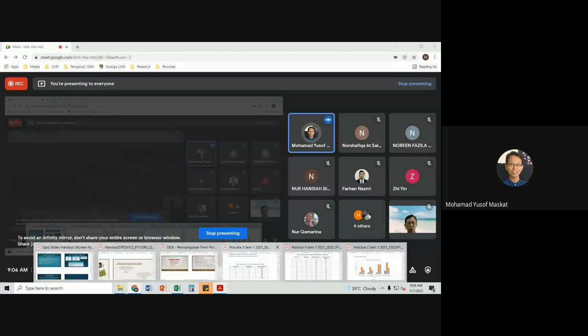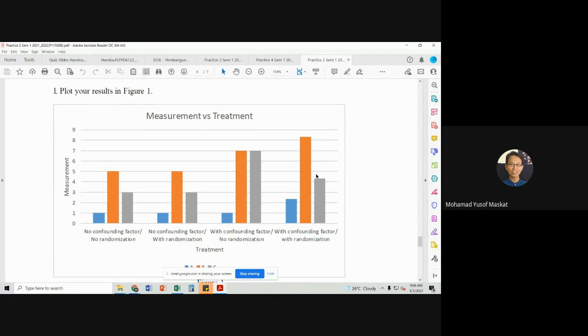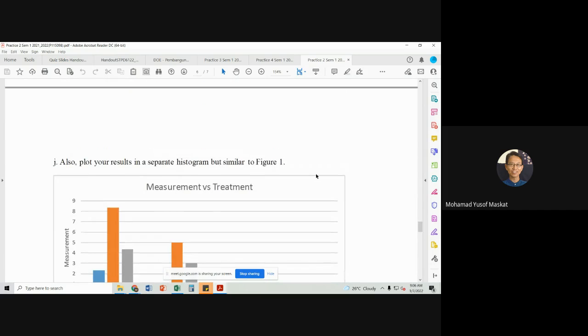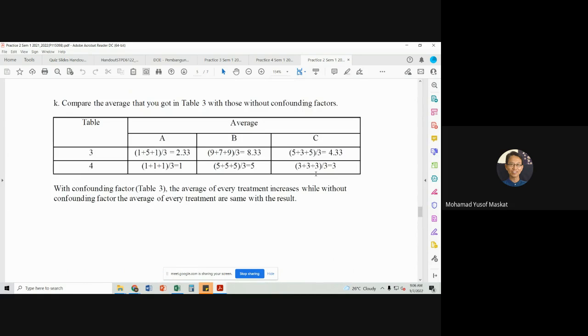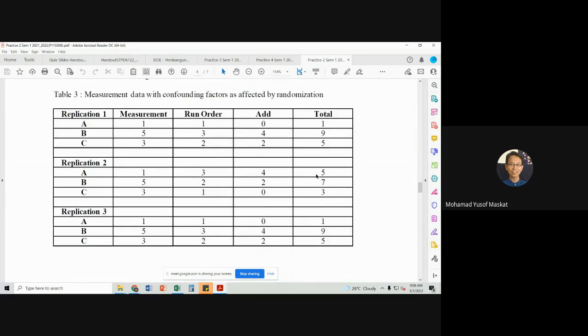Okay, let's go to practice 2 first. This is a make-believe exercise just to show you why it is important to do randomization.